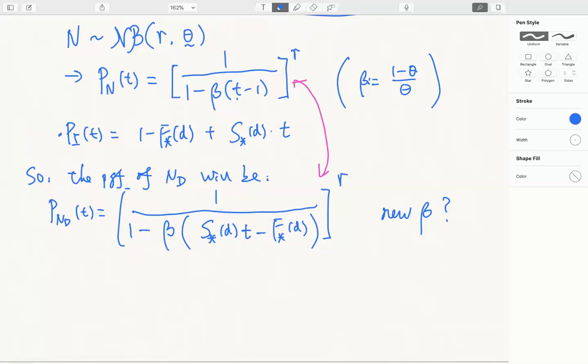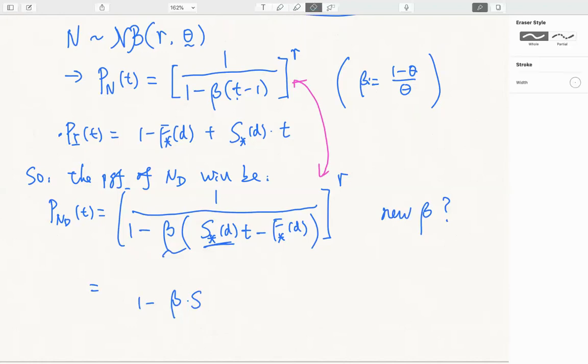What we claim is this will be the same as our original form. Basically, you factor it out and take it out, and it will go back to the original form of what you have. So we can take out everything we have. By the way, I think this is not F_D.